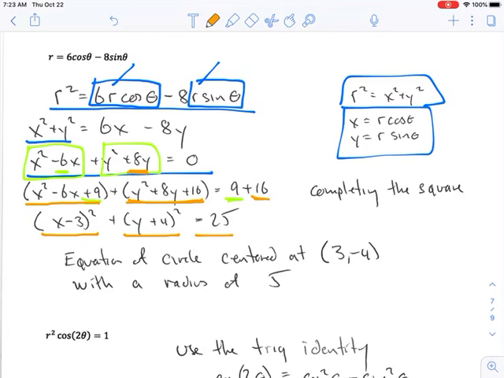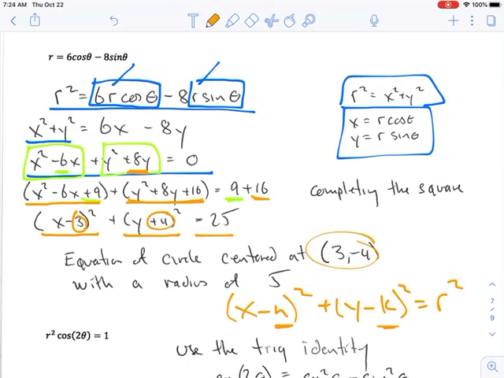Well, again, that is in the form of a circle, in the form of x minus h squared plus y minus k squared equals r squared, where h and k are the coordinates of the center of the circle, which means the center of the circle is at 3, -4. And it has a radius of the square root of 25, which is 5. All right, so another circle.